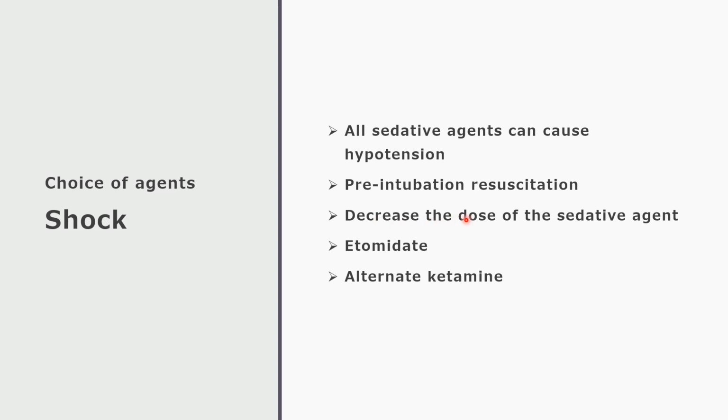Use IV etomidate 0.15 mg per kg or alternatively IV ketamine 1 mg per kg. Both agents cause a small drop in the mean arterial pressure in patients with severe hypotension, but less than other sedative agents.